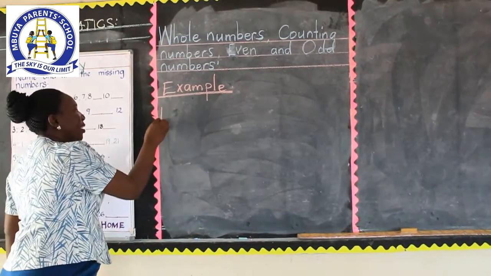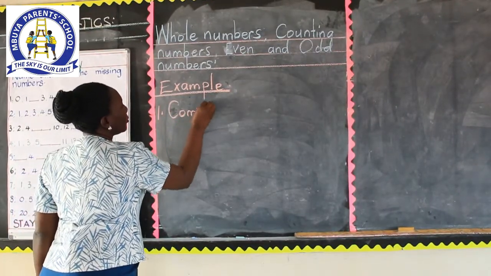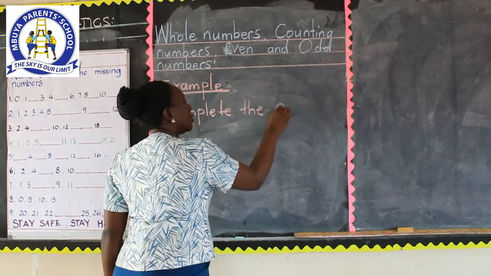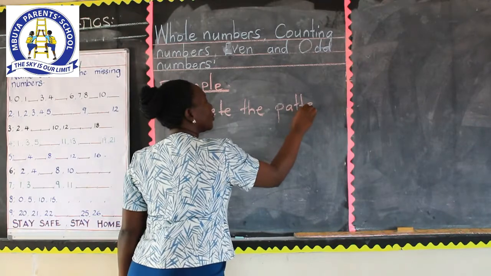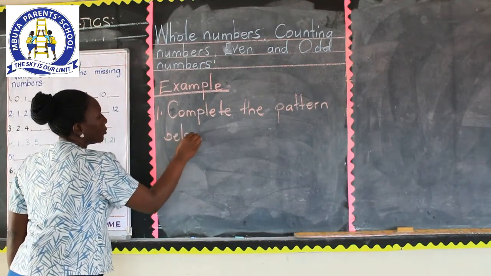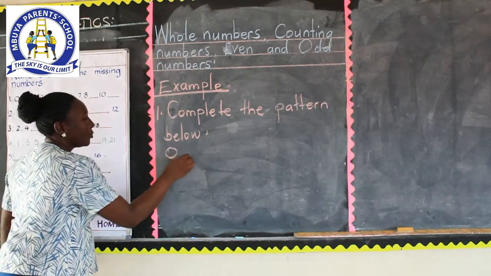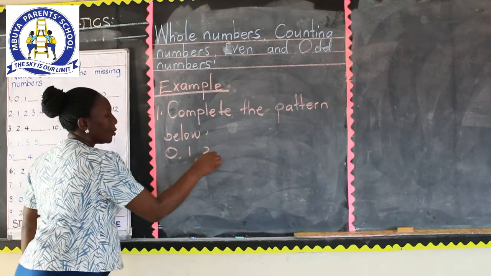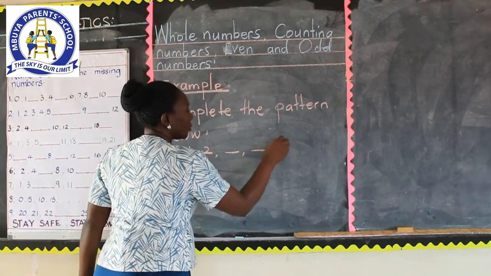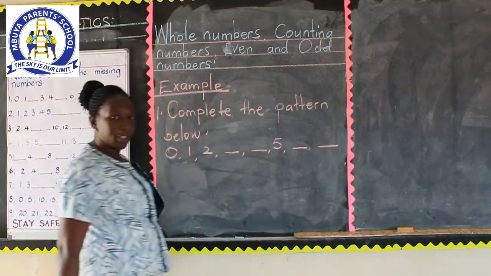So we are going to see them in patterns and we complete them. So our first example says, complete the pattern below. And our pattern is 0, 1, 2, dash, dash, 5, dash, and dash.